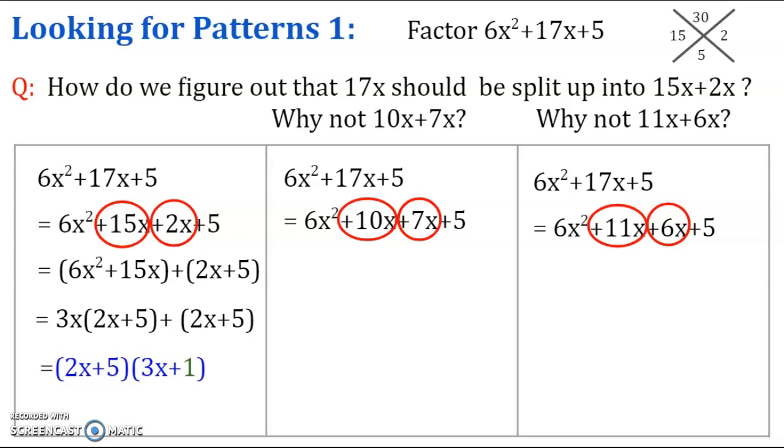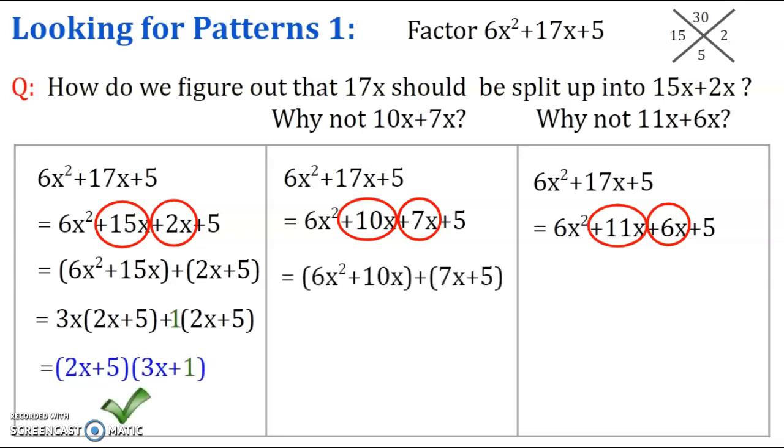Then in that case, remember what is the number that we can put in here that does not change the value? It's 1. It's not 0. It does not just go away. There is a 1 being multiplied here. So this becomes 3x plus 1, and the plus 1 comes here. And then 2x plus 5 is the common factor here. Now, what if we just randomly picked some different split?